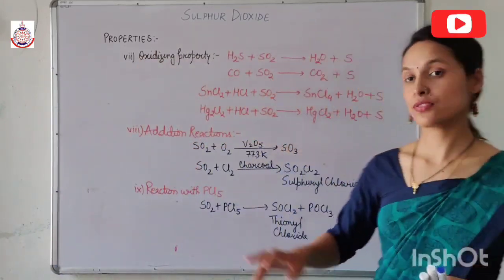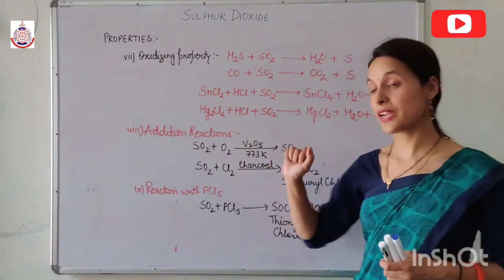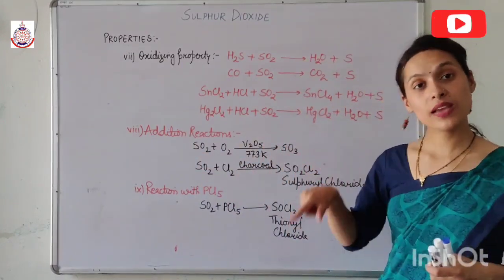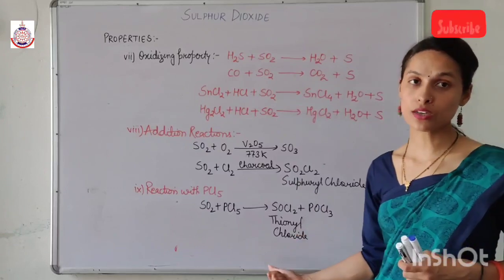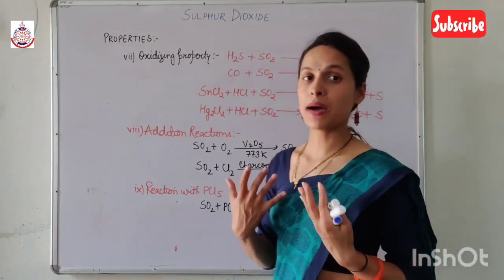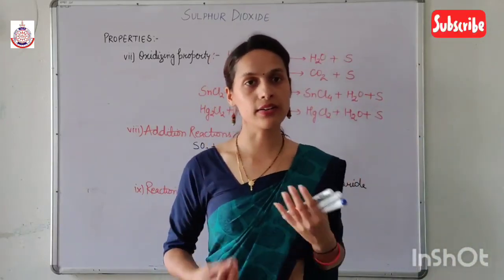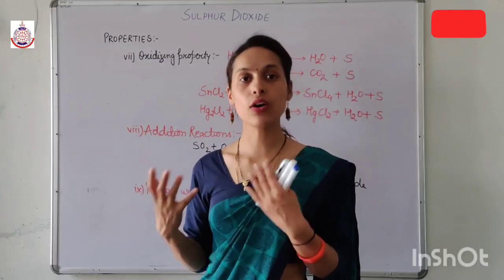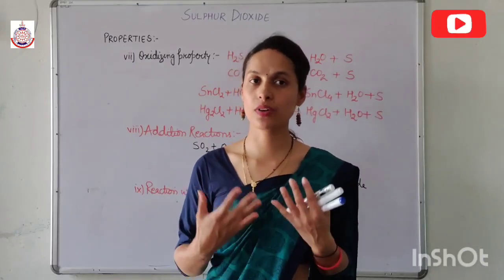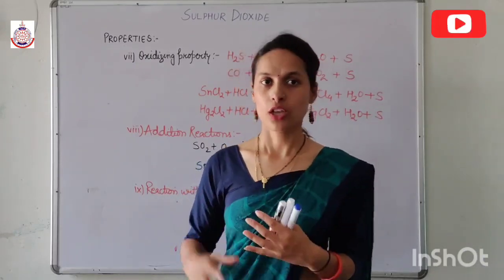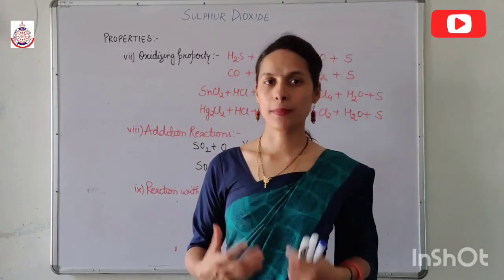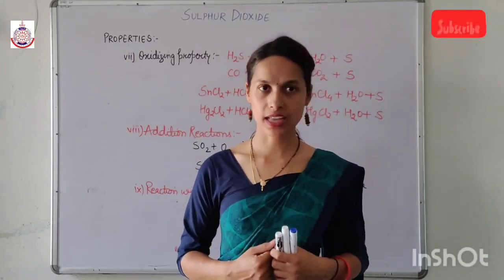So with the help of sulfur dioxide, we can prepare sulfuryl chloride as well as thionyl chloride, which are important reactants in organic chemistry for the preparation of a number of compounds. So these are all about the properties of sulfur dioxide.